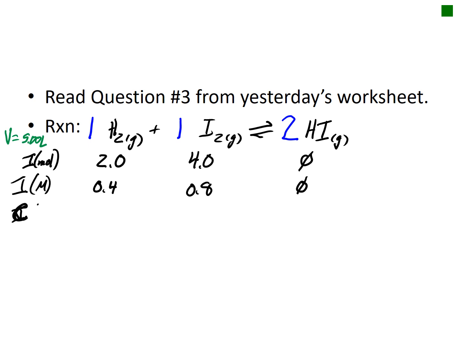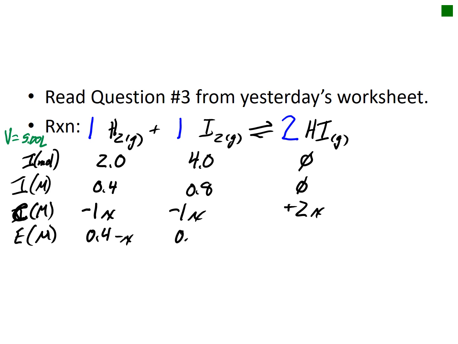Change in moles per liter and equilibrium in moles per liter. So we know it's going to shift to the right because we have no products. So it's going to be negative 1x, negative 1x, and positive 2x. And that means my equilibrium concentration for the hydrogen is going to be 0.4 minus x.